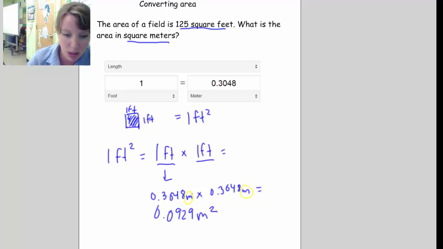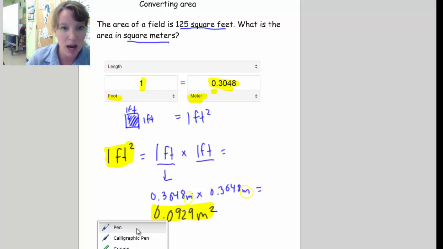Okay, so let's look at what we just arrived at. We can see that 1 square foot is equivalent to 0.0929 meters squared. Okay, I went from a length conversion, 1 foot is to this many lengths in meters, to an area conversion. 1 square foot is that many square meters.